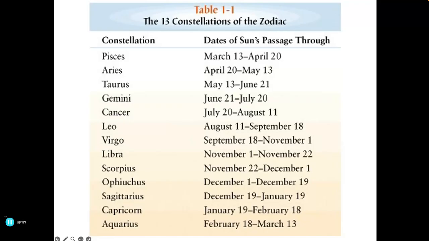Let's see. If you were born in February, then, or no, sorry. There we go. If you were born in, let's say, early February, the sun was in the middle of Capricornus.